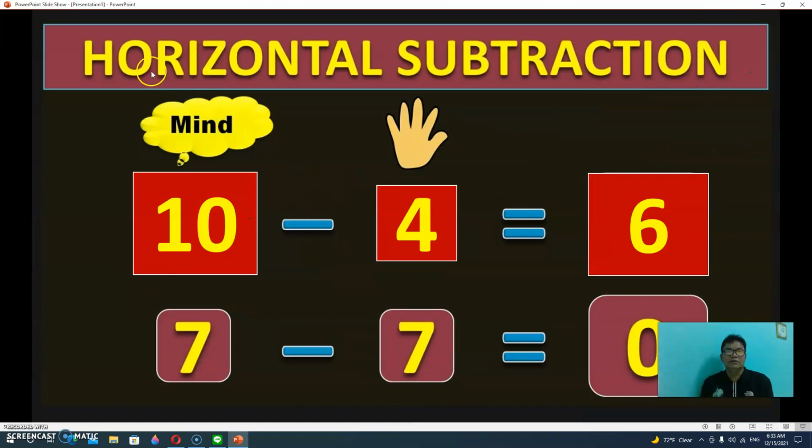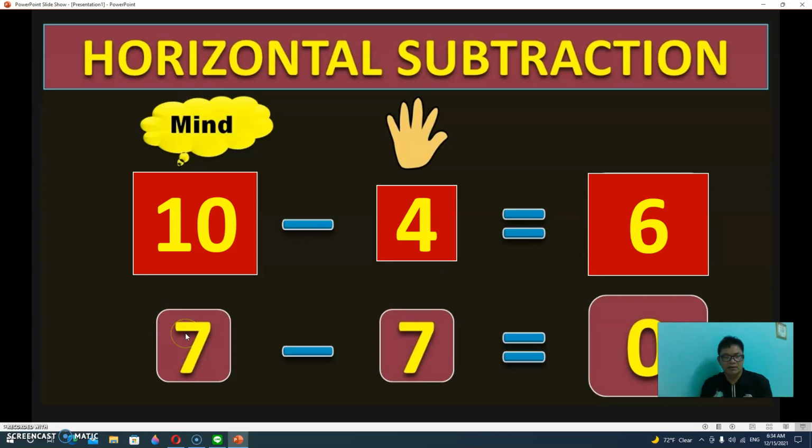This is an example of horizontal subtraction. What number is it? 10. Very good. 10 minus 4 equals how many? 6. Correct.